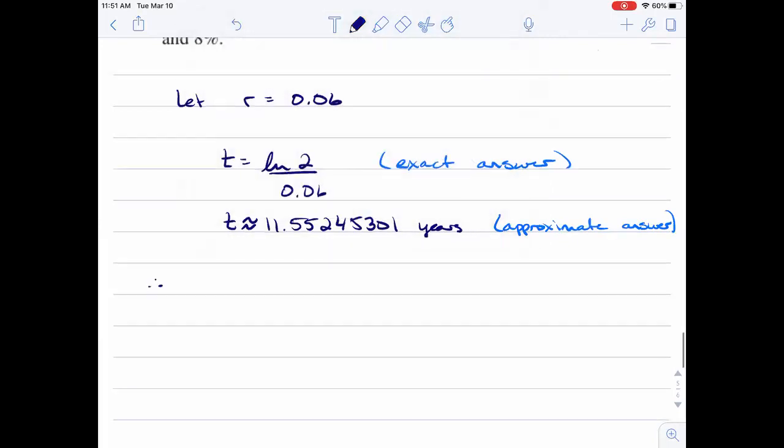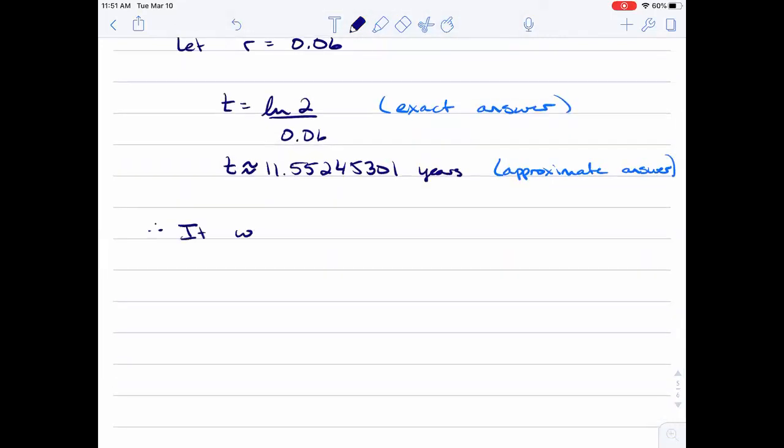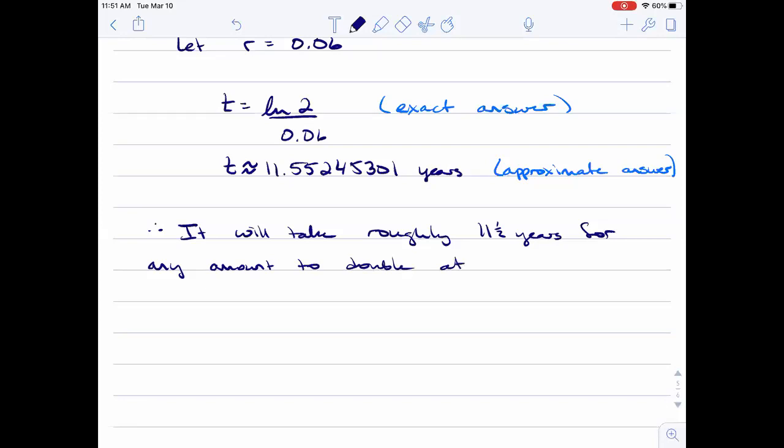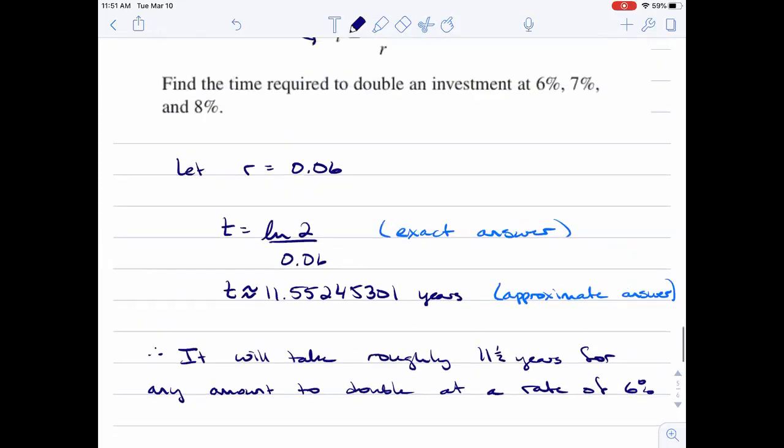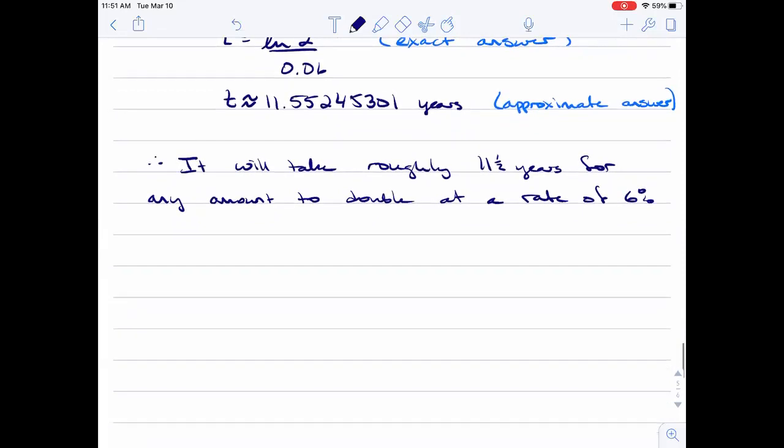So therefore, it will take roughly 11.5 years for any amount to double at a rate of 6%. Let's do 7% and 8% just to hammer it home.